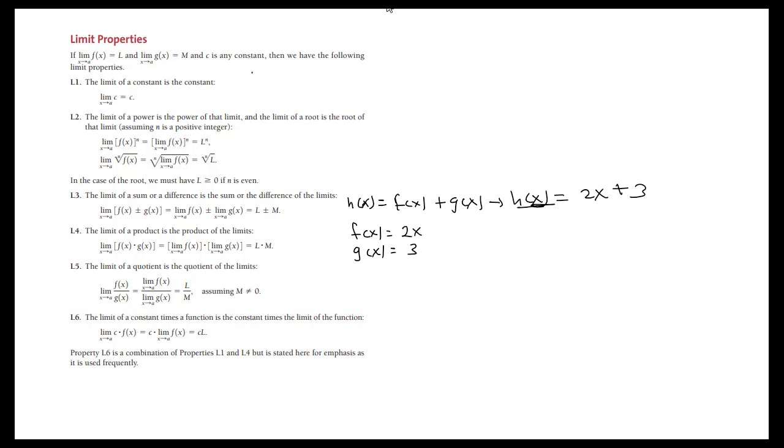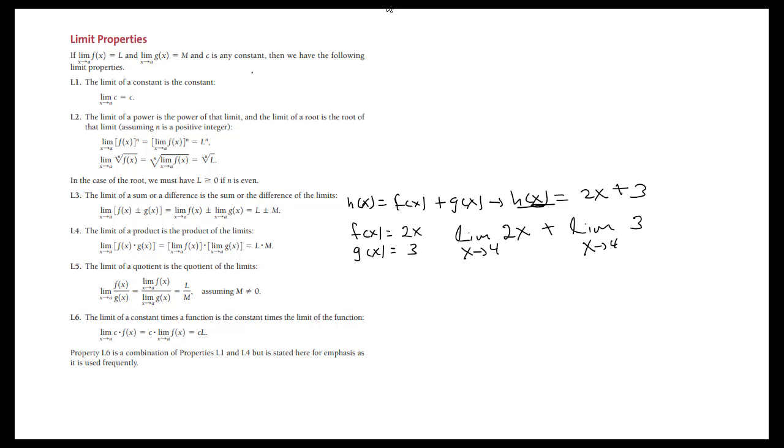Then it's going to be the limit when x approaches a, 4 in this case, of f of x, which is 2x, plus, because we're adding; if we're subtracting here, we're going to be subtracting here, the limit when x approaches 4 of g of x. And how much is g of x? 3.